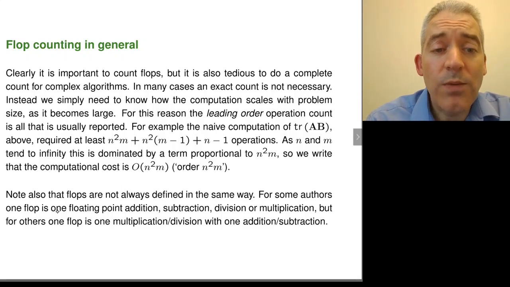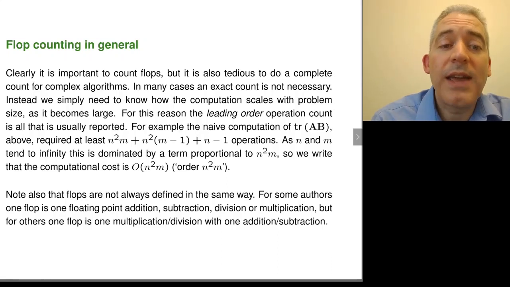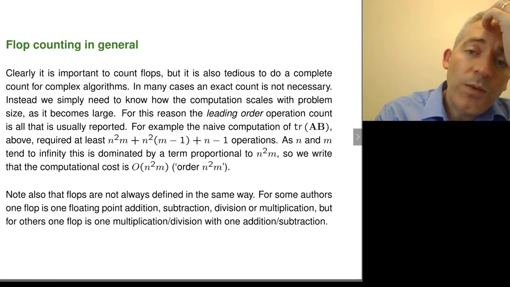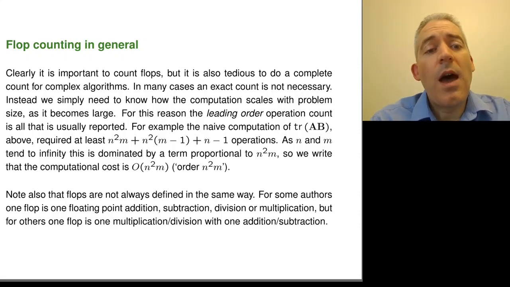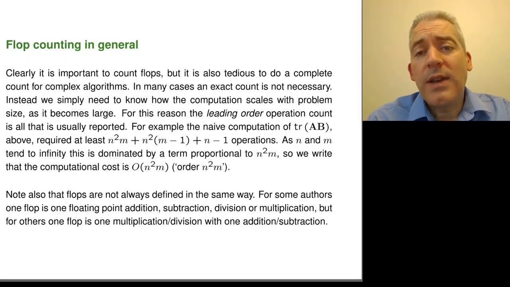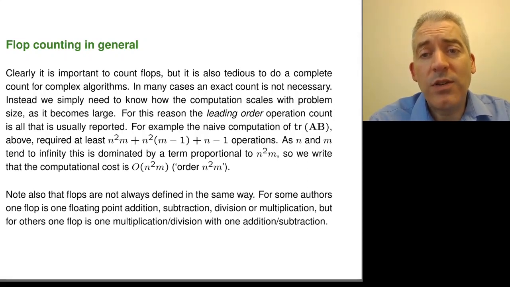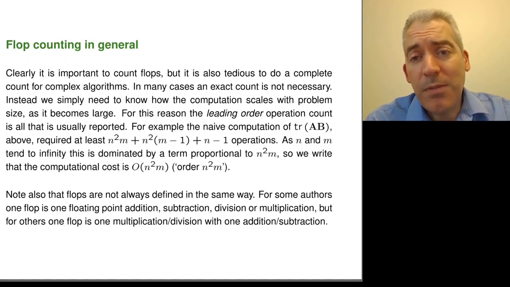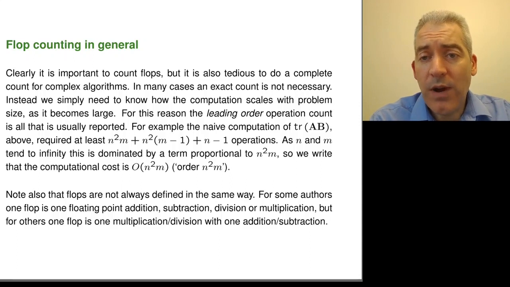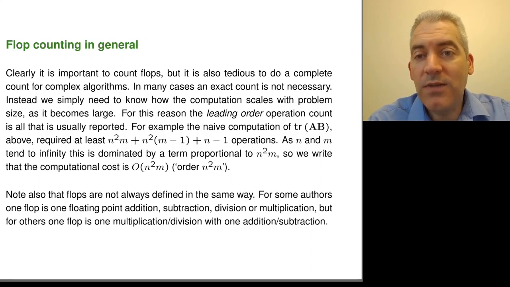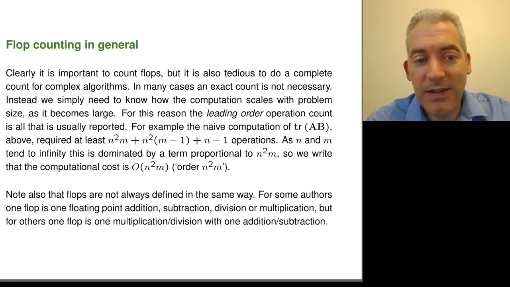Another thing really worth knowing, though, is that not everybody counts flops the same way. So when we were doing those matrix vector products and matrix products, we were counting multiplication and addition as two separate operations. But in fact, many people would count a multiply followed by an add as one floating point operation. And there are very good reasons for doing that. So one is it makes things a little bit simpler to track.